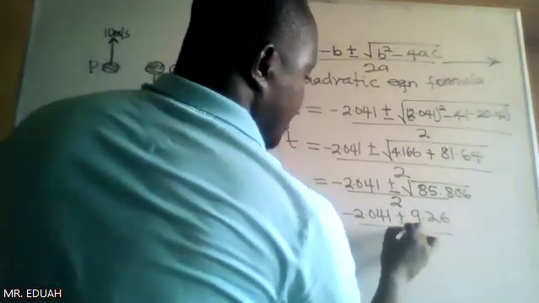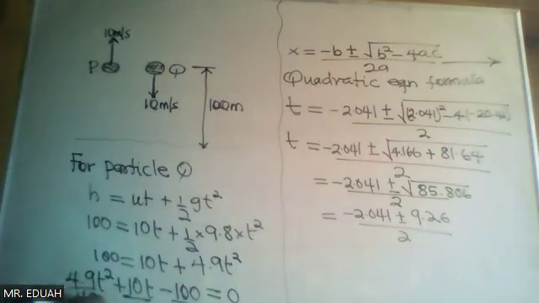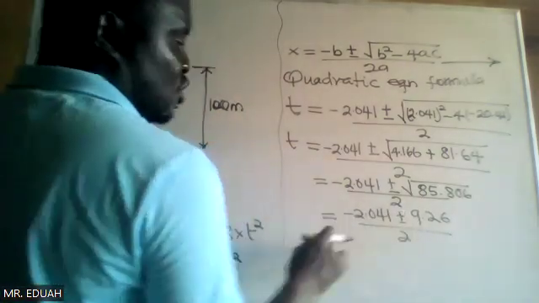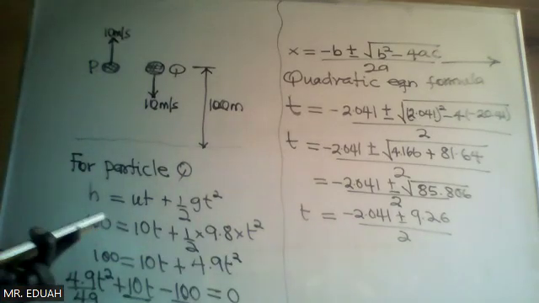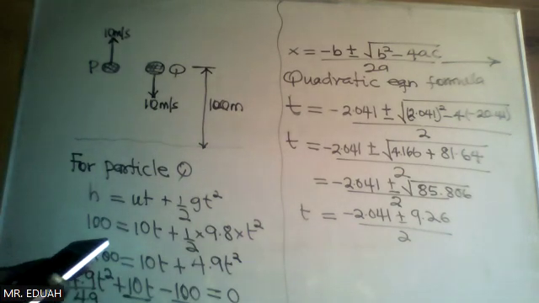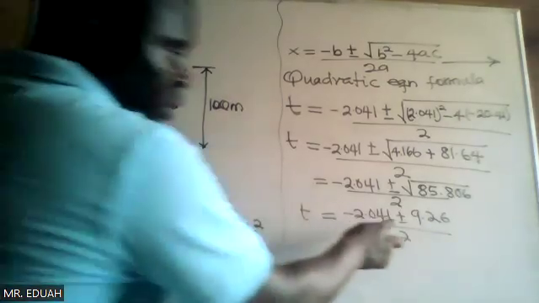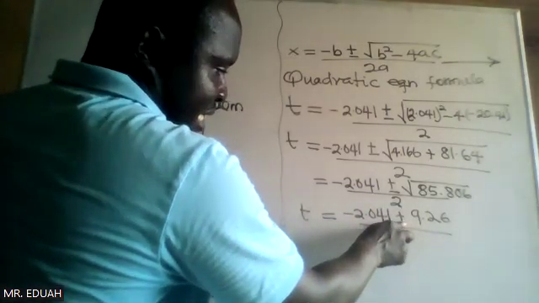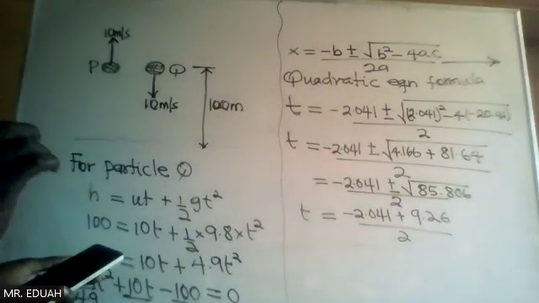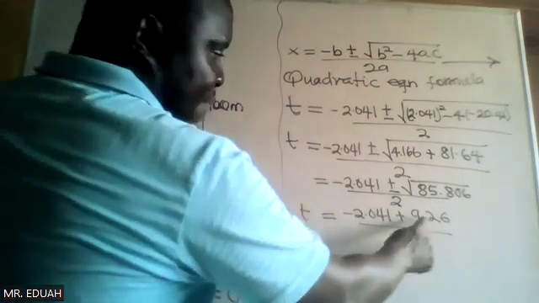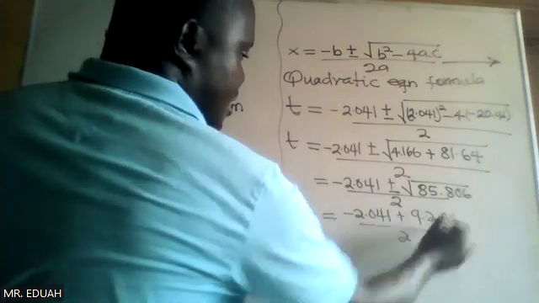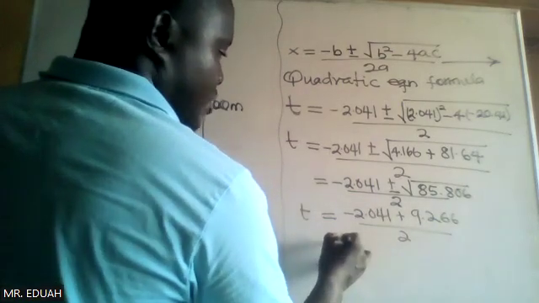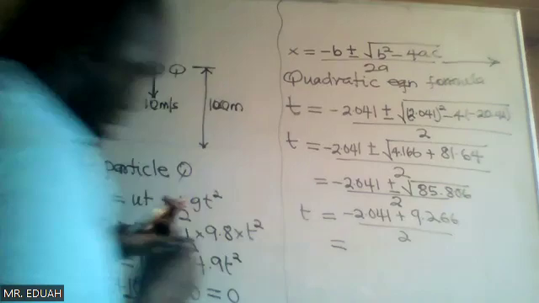Okay. Now look at something. What we have here is plus or minus. The time cannot be minus. So we'll ignore the minus and go with the plus. So we have 9.266 minus 2.041, all divided by 2.